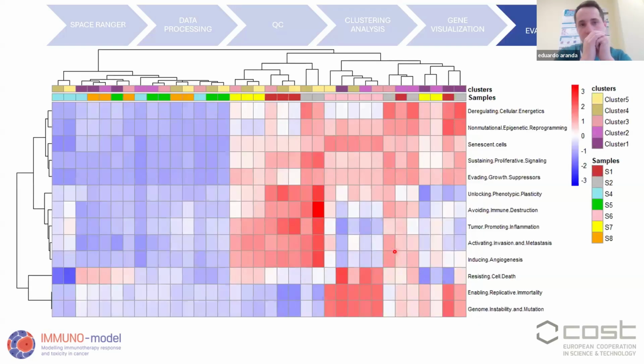And why did we do this? Because we want to evaluate all the hallmarks of cancer in our clusters. Here we have the 5 clusters per sample, for all the samples.